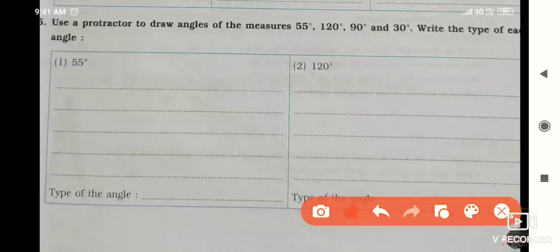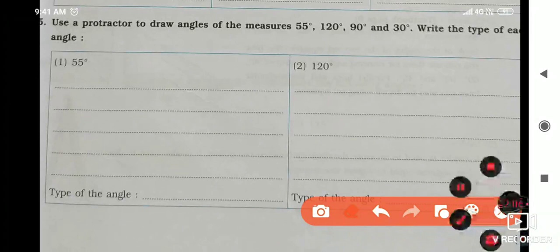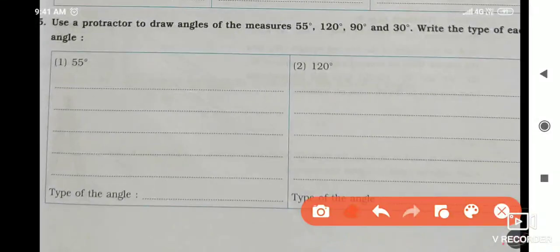For these questions I told you how to draw these angles, take these measures and draw angles of different types, and afterwards write the type of angle.